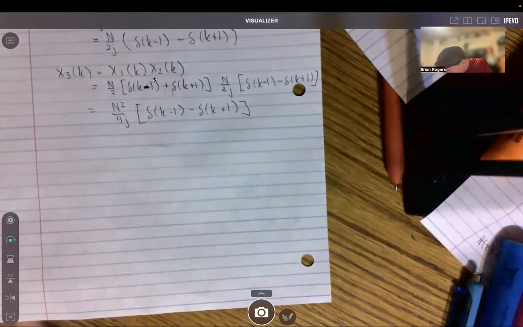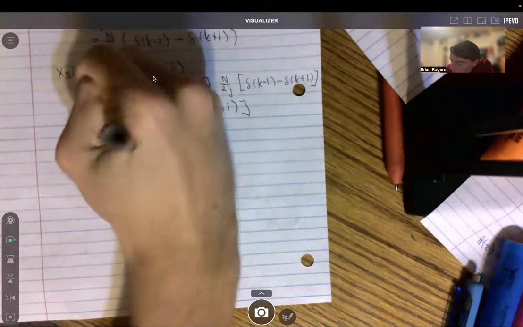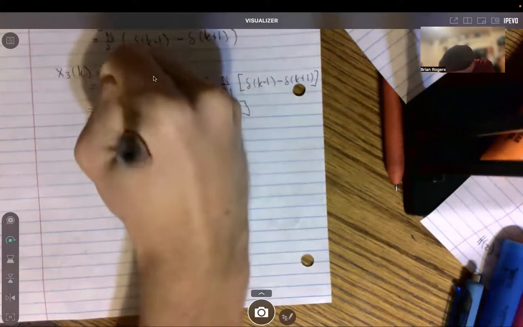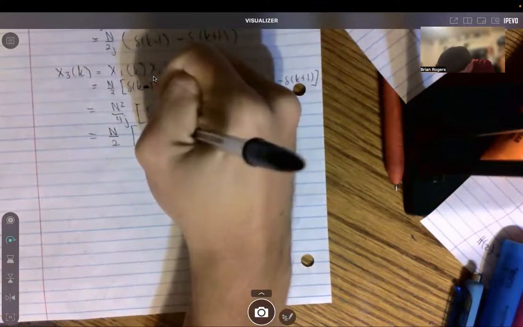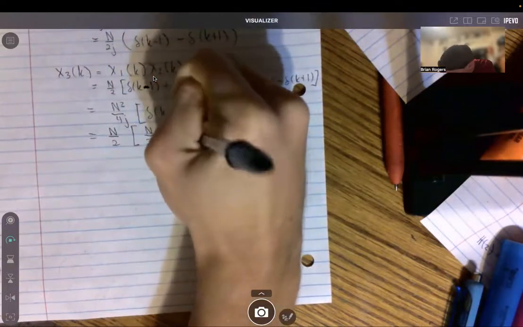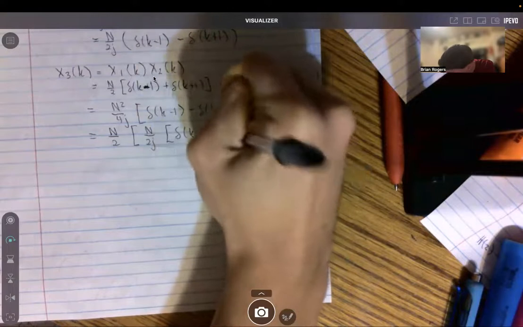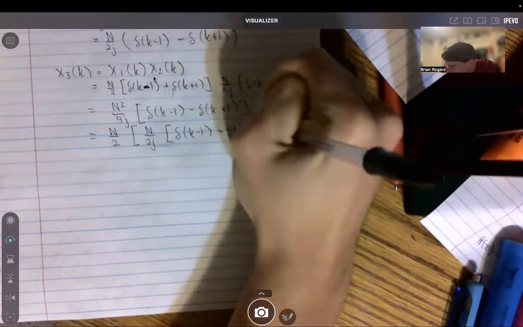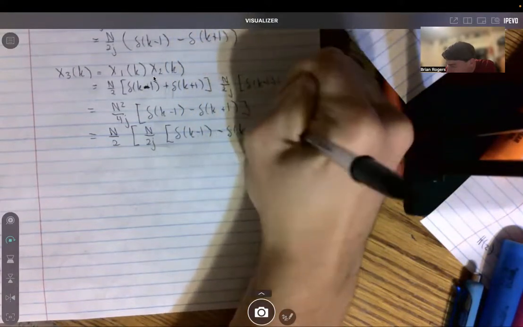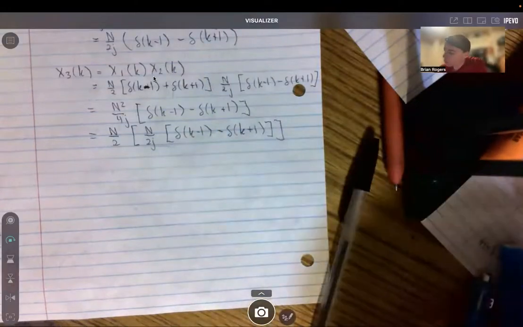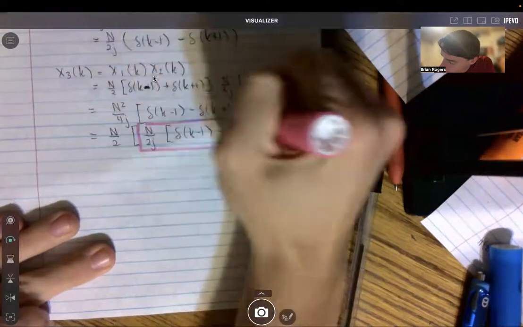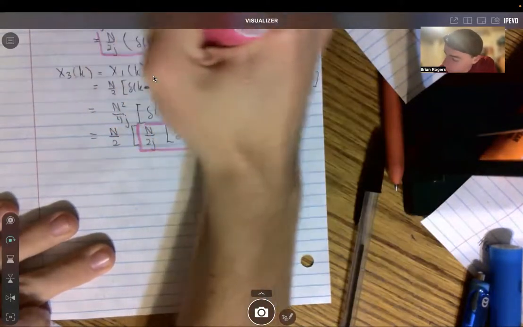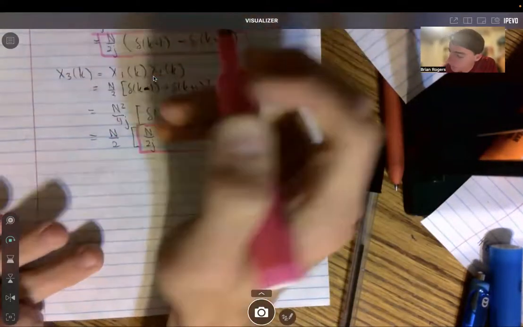Now, the big thing to see here is that you can rewrite this as the following. Isn't this the exact same thing? Delta k minus 1 minus delta k plus 1. And what you'll notice is that this part right here is equivalent to what you got for your X2 of k here.